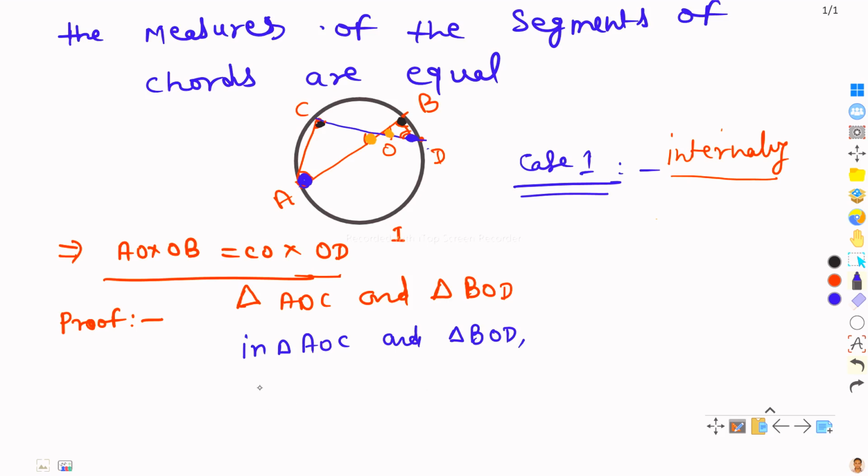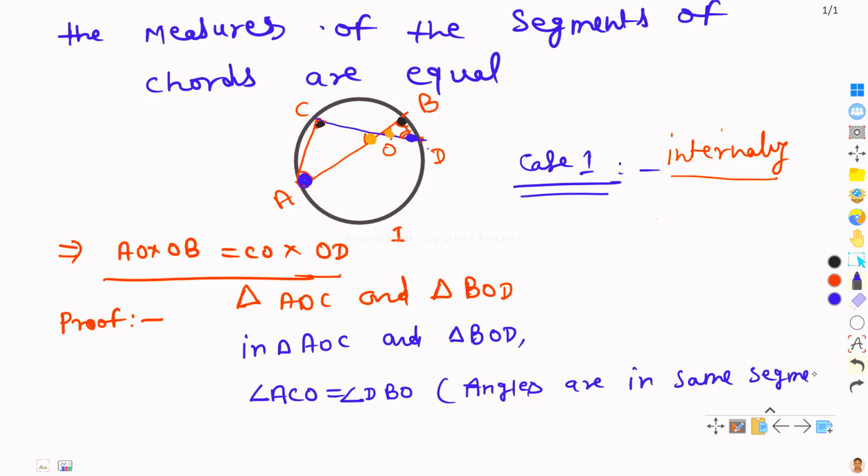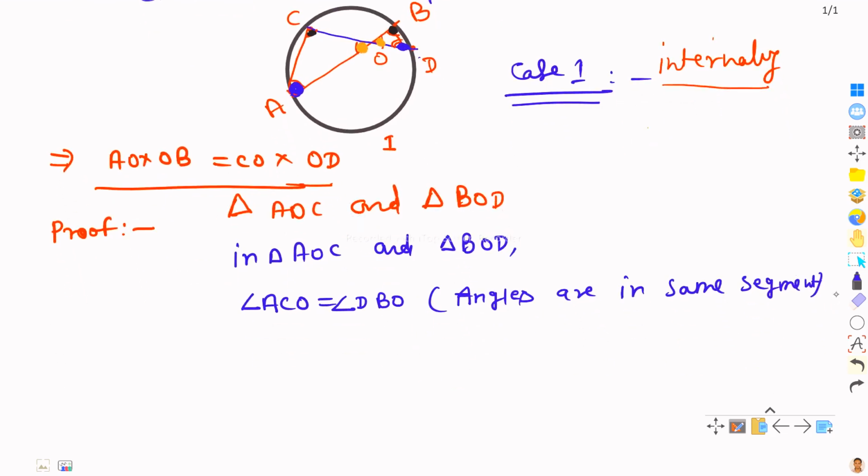So angle ACO equals angle DBO. Why? Because these angles are in the same segment.